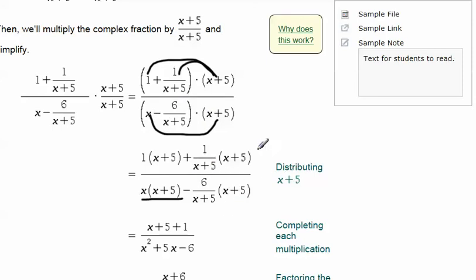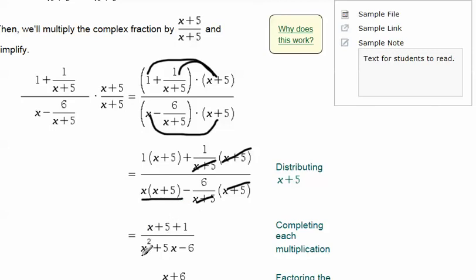So now we can start cross-canceling to see what we have left. This can cross-cancel this. This can cancel this. So then we're left with the 1, which you'll see copied here, the 6, which you see copied here, the minus 6 here, the plus 1 here.